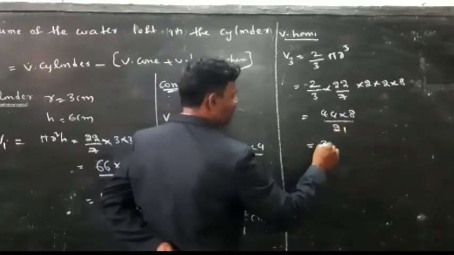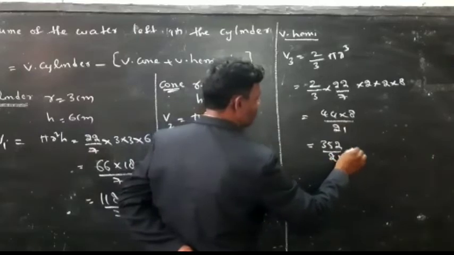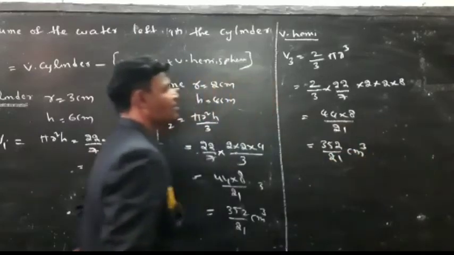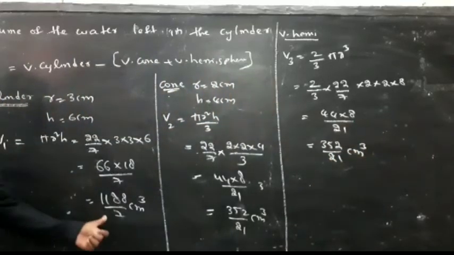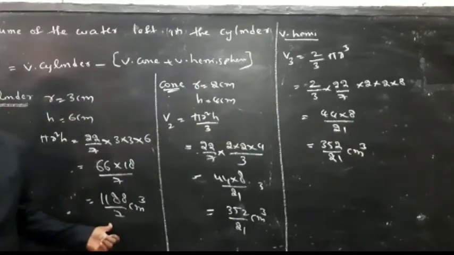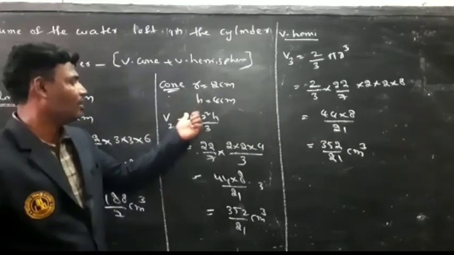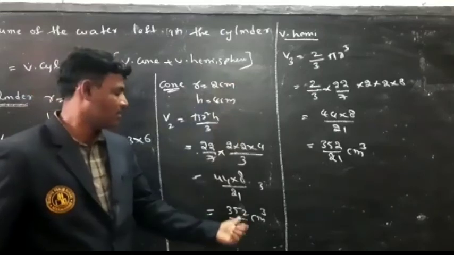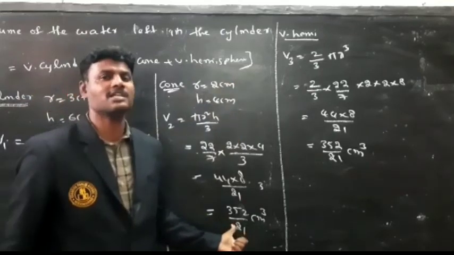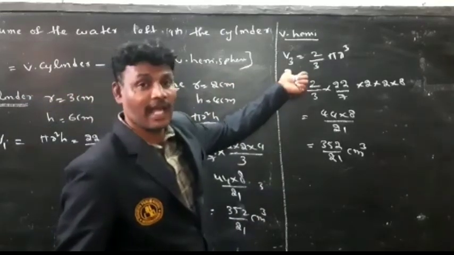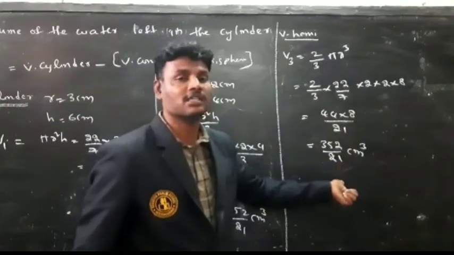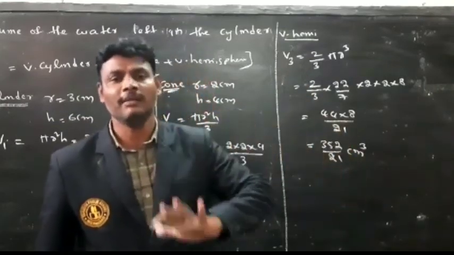It is nothing but 352 by 21 centimeter cube. So V1, the volume of the cylinder, is equal to 1188 by 7. V2, the volume of the cone, is 352 by 21 centimeter cube. V3, the volume of the hemisphere, is equal to 352 by 21 centimeter cube.